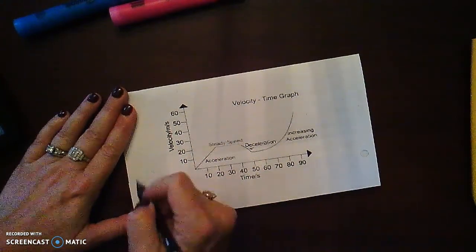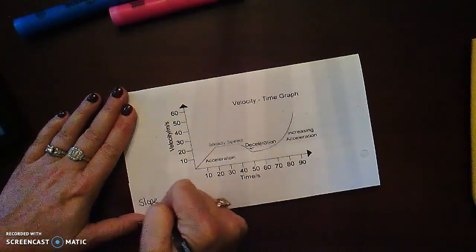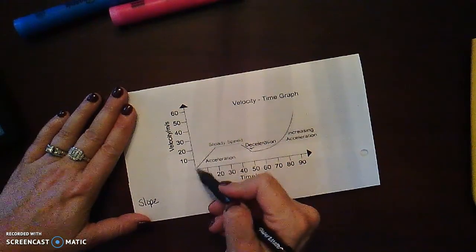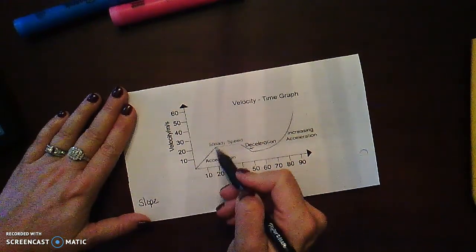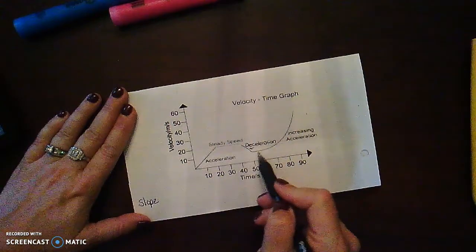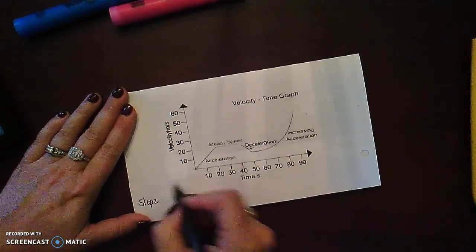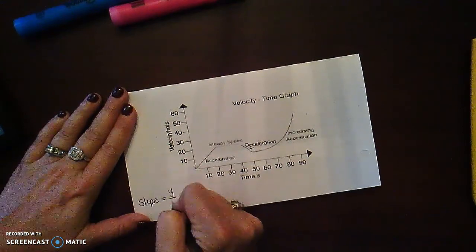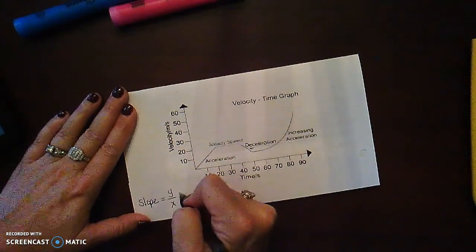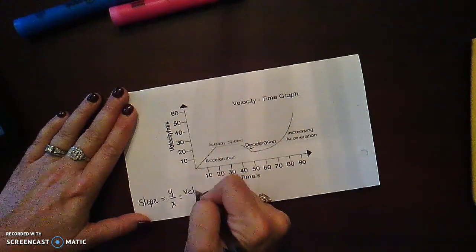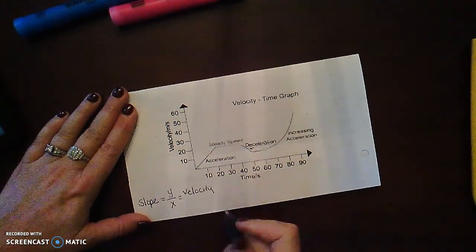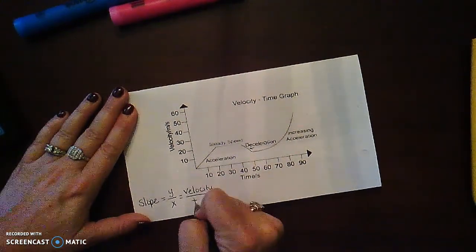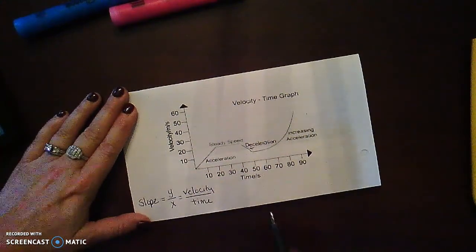The big difference here is that the slope of the graph, which is the angle of these diagonal lines, is going to be the rise over the run, and that's y over x. So our y is velocity, and our x is time.